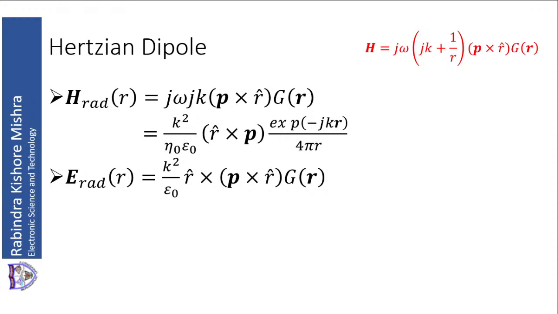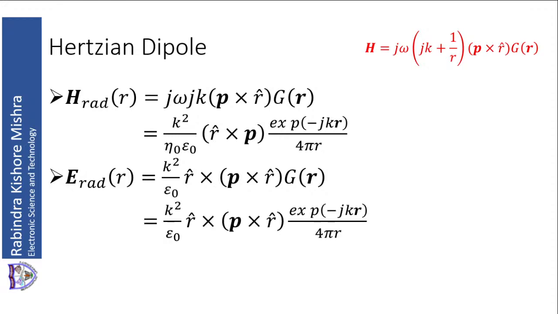Then the electric field will be E rad, that is k square by epsilon 0 into r cap cross p cross r cap into g r. This expression also we have seen that we can rewrite as k square by epsilon 0 r cap p cross r cap. Then for g we will write exponential minus jkr by 4 pi r.